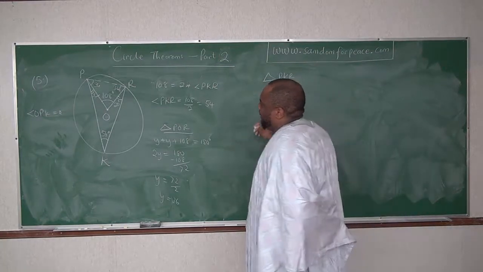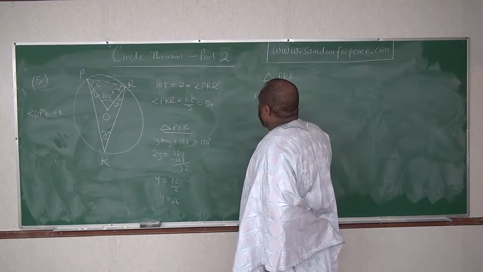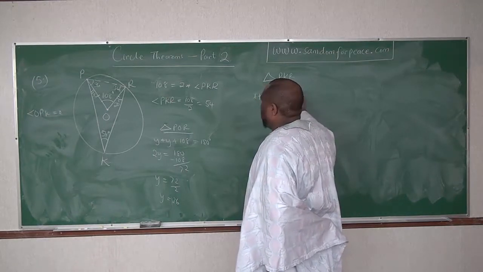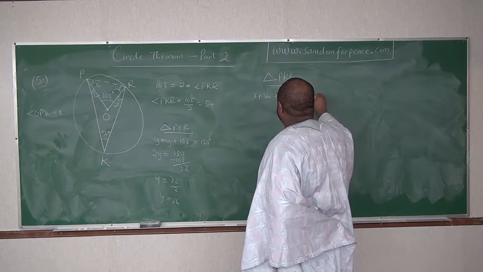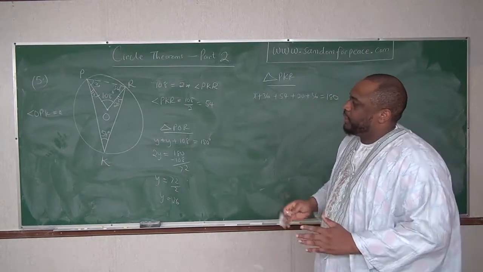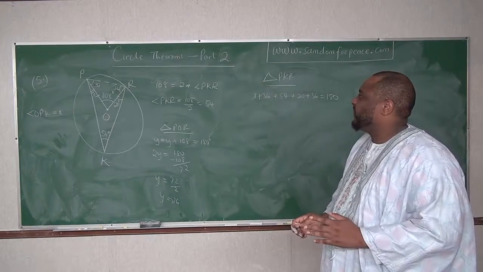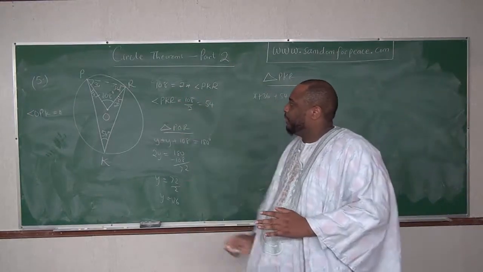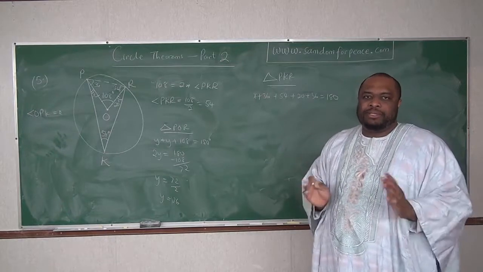We now have that x plus 36 plus 54 plus 20 plus 36 is equal to 180. Considering triangle PKR, the whole triangle here. Reason: sum of angles of a triangle.